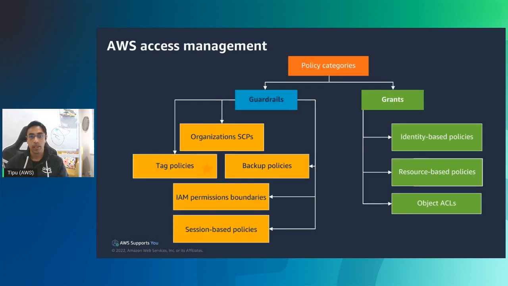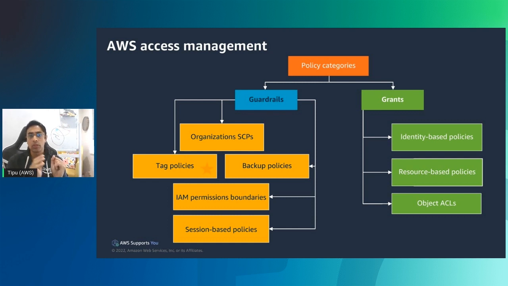All right, so what can go wrong here? Now, as I explained, there are guardrails. Organizational SCPs are one. You have other tag-based policies, backup policies, permission boundaries, and all of these things prevent unintended access from being given so that we can stick with our security best practice of the principle of least privilege.